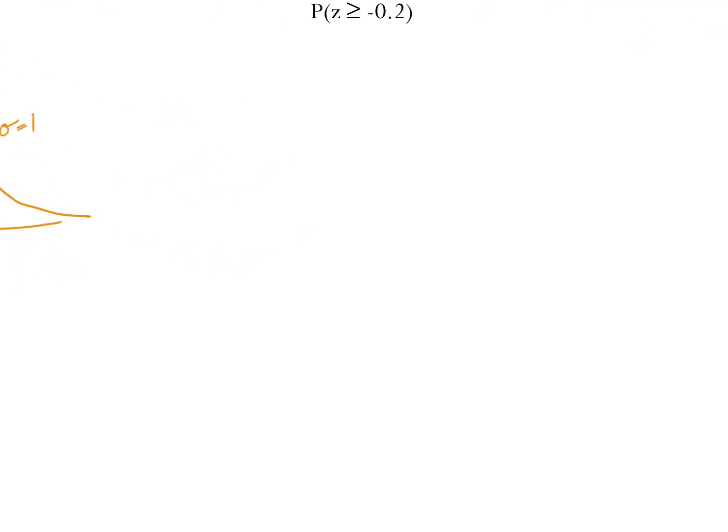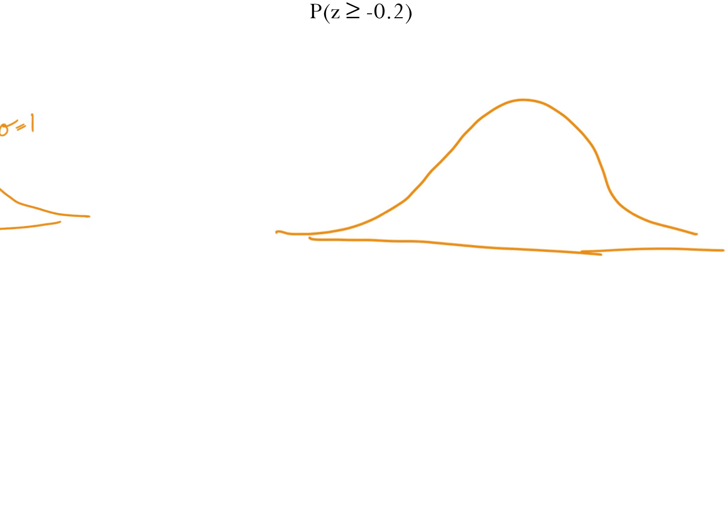What about the probability that z is greater than negative 0.2? Now, there is no difference in these between greater than or equal to. Remember yesterday we talked about whether it is possible to get something exactly when you have a continuous distribution? Like a blade of grass that's exactly 2 inches.